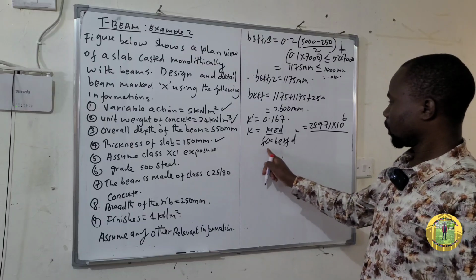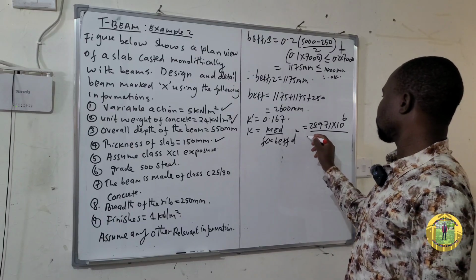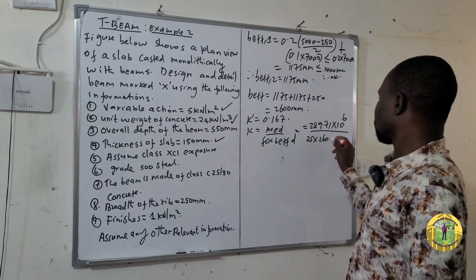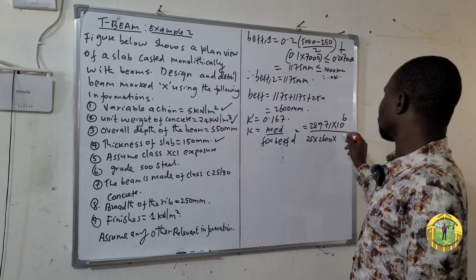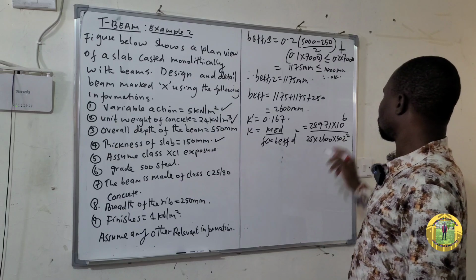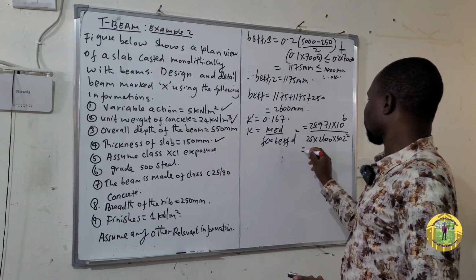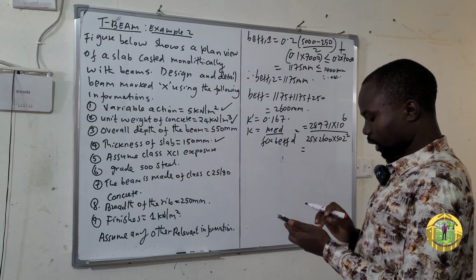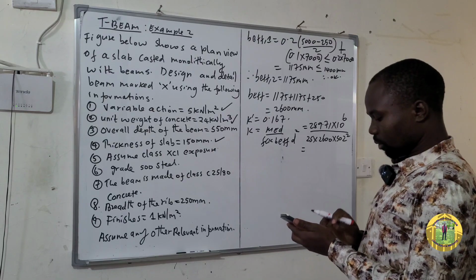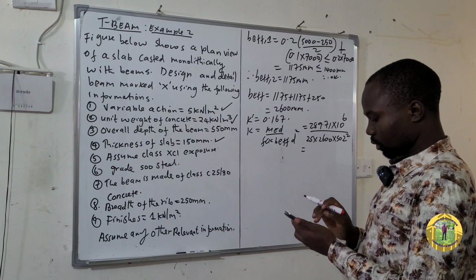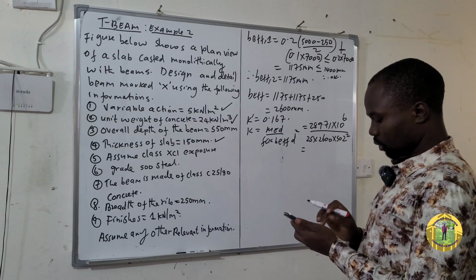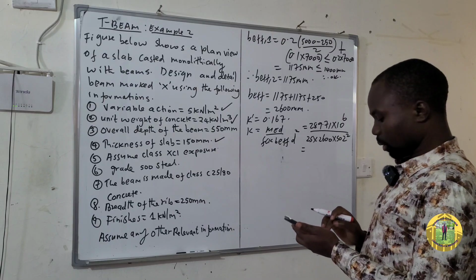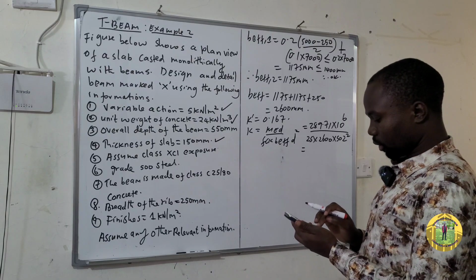This is the strength of concrete, which is 25, times 2600 times D, which is 502 square. So this is 289.7 times 10 to power of 6 over 25 times 2600 times 502 square.